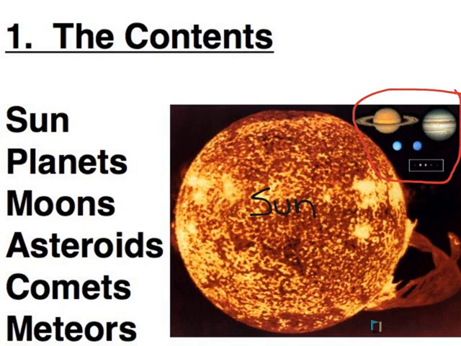And what you don't see in this image are the moons, which go around the planets, asteroids, which orbit around the sun, comets, which orbit around the sun, and meteors, which are pieces of asteroid or comet that fall onto the Earth.